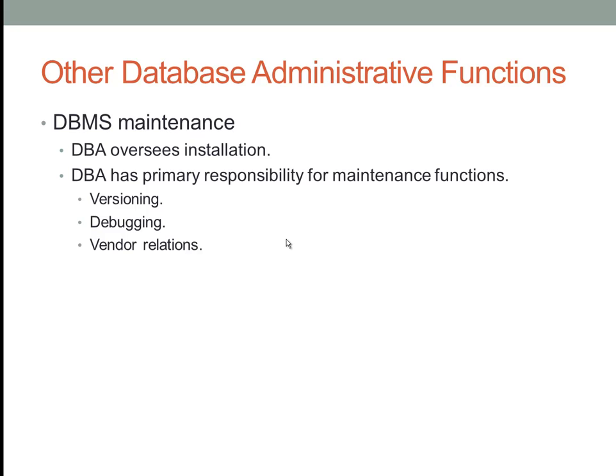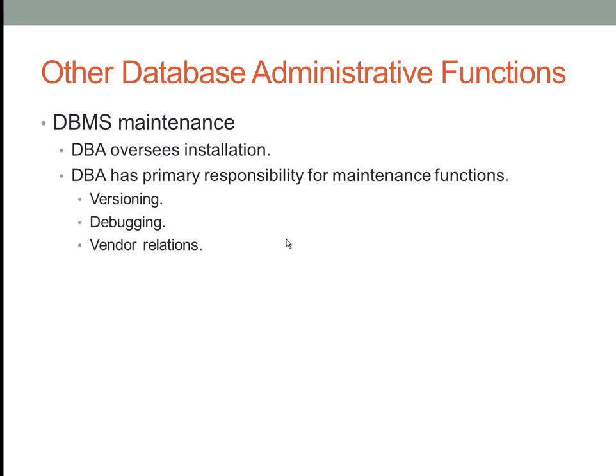So if it's an in-house system, it's their job to keep track of the various versions and to have some type of versioning software, probably some type of check-in and check-out, so that if one programmer is working on an area, another programmer can't write some code to that area, and then when these two end up conflicting, as well as managing, if it's a vendor supplied system, all of the various updates that would come in to the system.